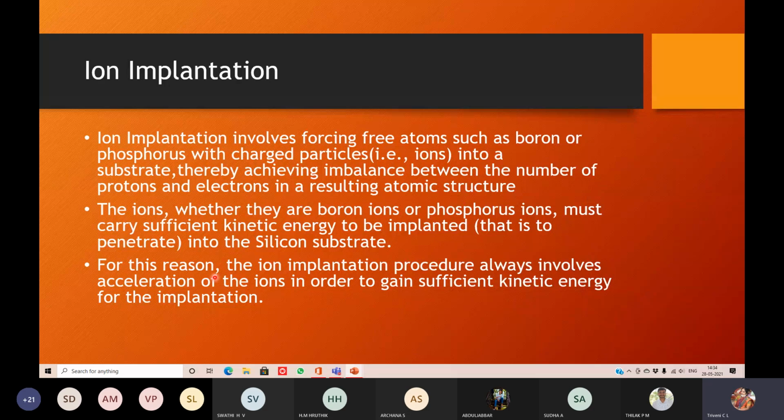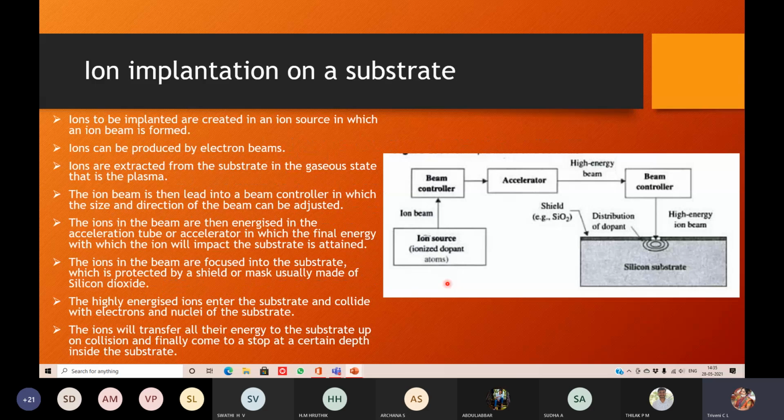And we don't require any temperature for this, right? Yes, we require the acceleration of the ions, which gives sufficient kinetic energy, and we don't require any thermal variation for this method. That's what we discussed in the previous session.